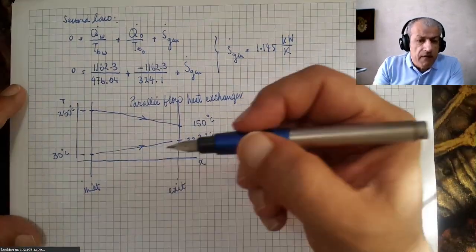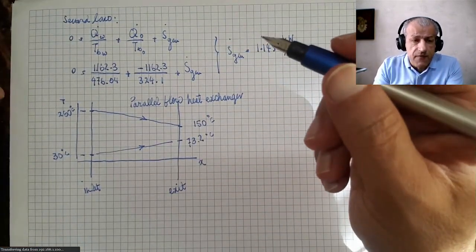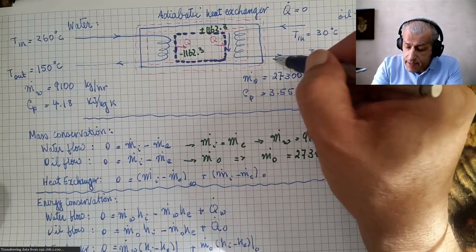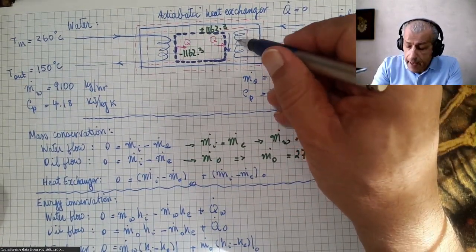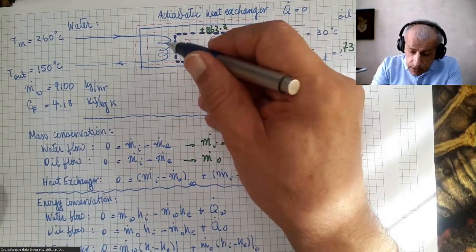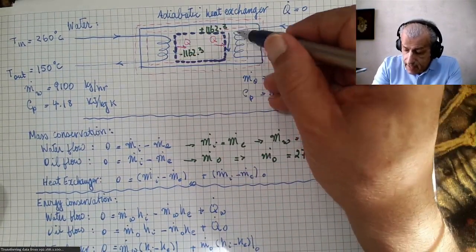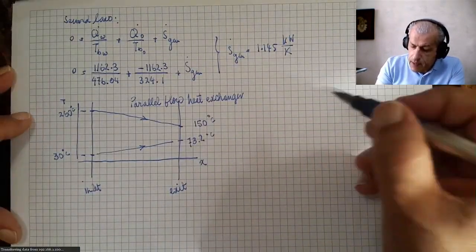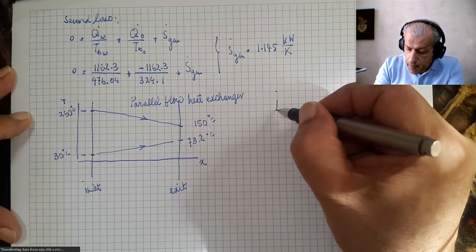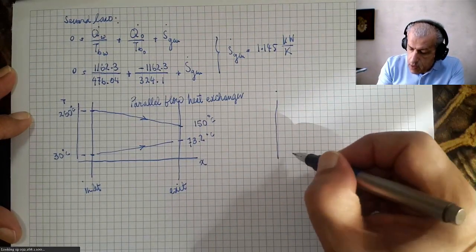Now, if we had arranged a counterflow heat exchanger, it means that oil had entered from this side and had gone counterflow to the water and exited from this side. Then the diagram would look like this.